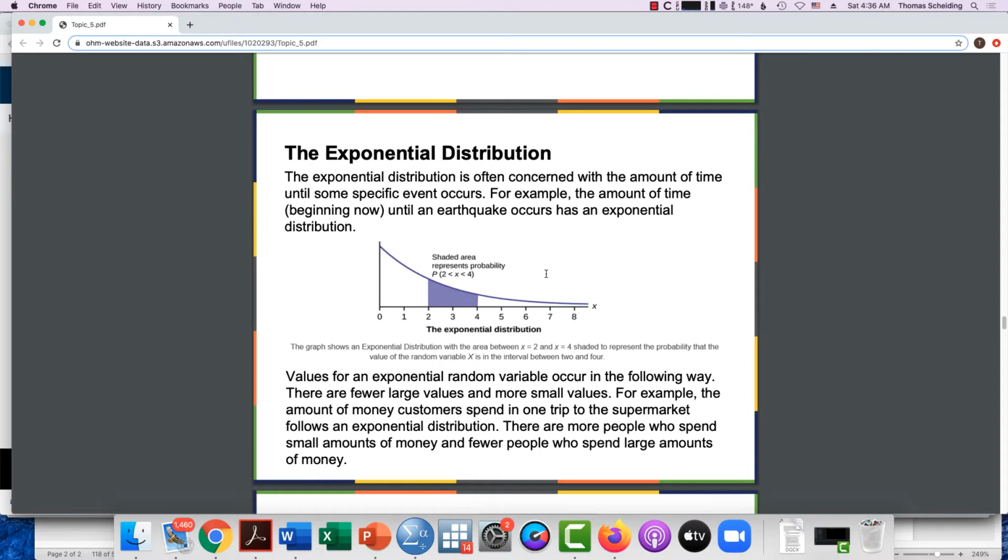An exponential distribution is basically the complement to a Poisson distribution, which I'll talk about now. In a Poisson distribution, what we're looking at is the probability to get a number of events occurring in a fixed unit of time, each event being independent.